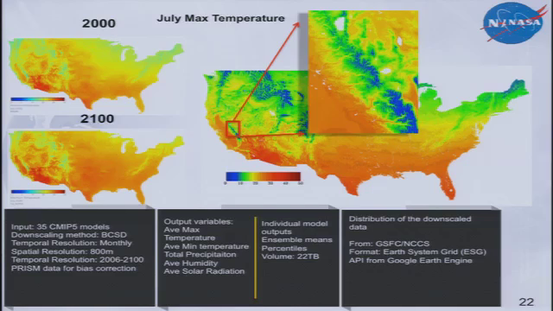This is another example, using 35 climate models, those climate projections. We use statistical downscaling to get down to very high resolution climate data. This data set is 800 meters resolution.